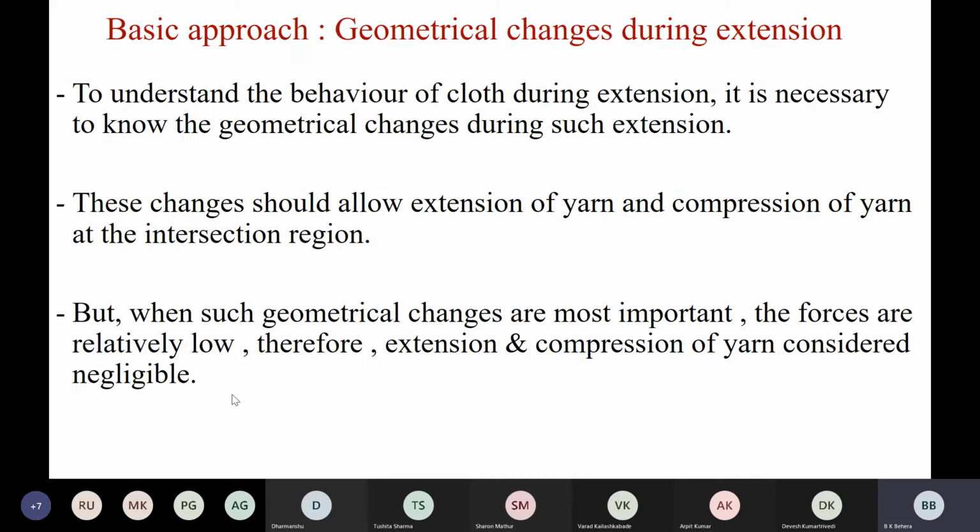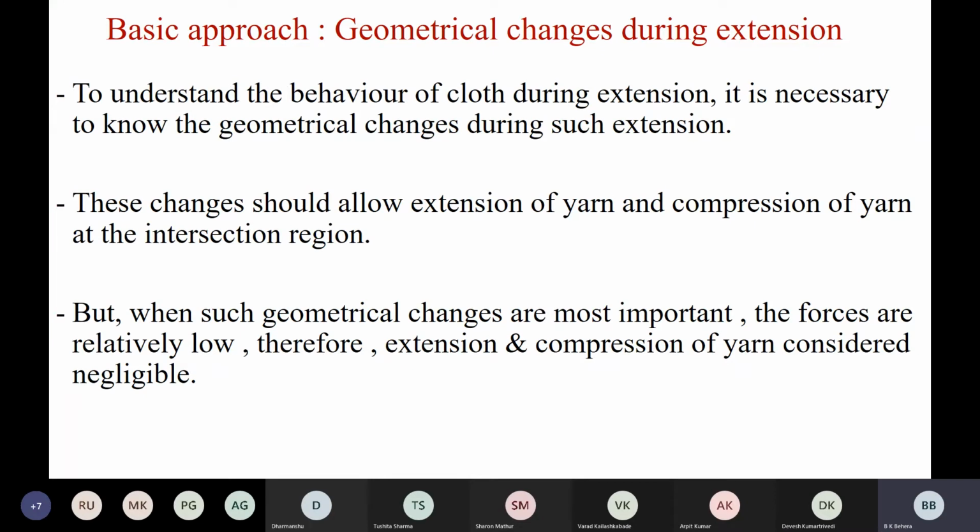Okay. Now, from here, the approach to mechanics starts. First, we will understand what happens to the geometry of a fabric during extension.